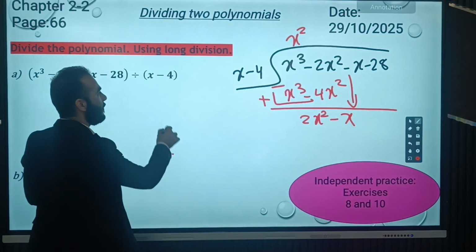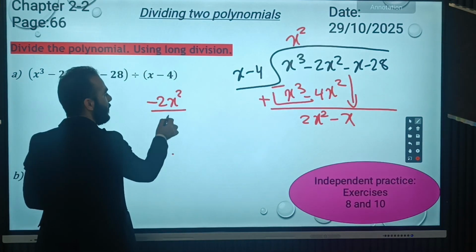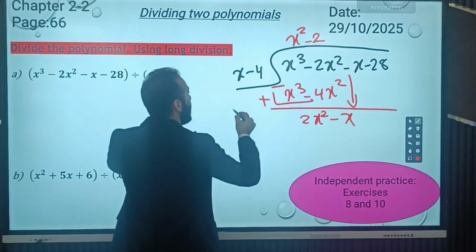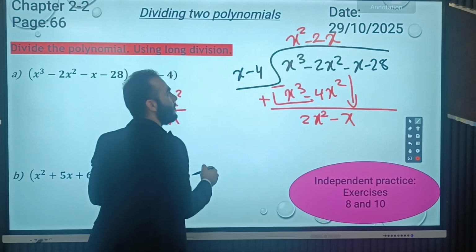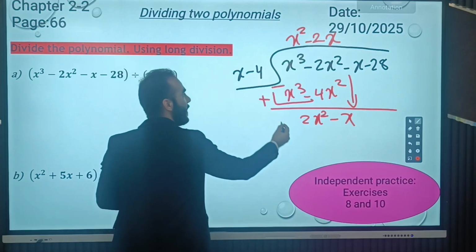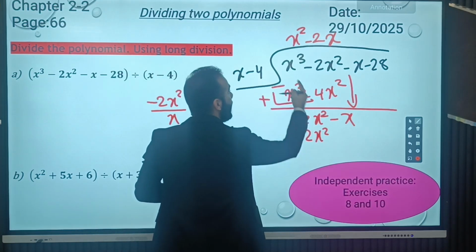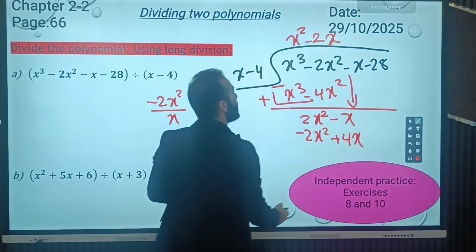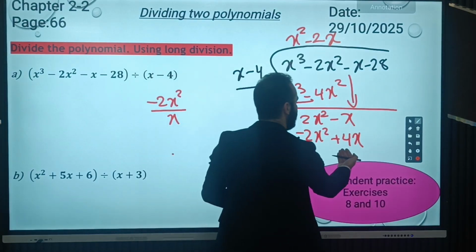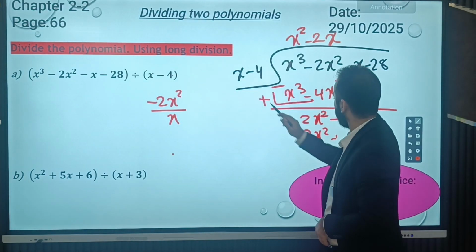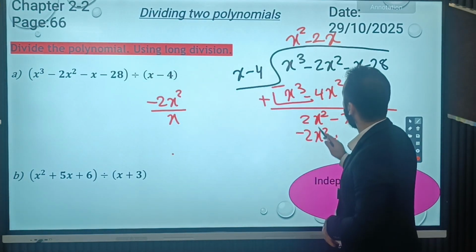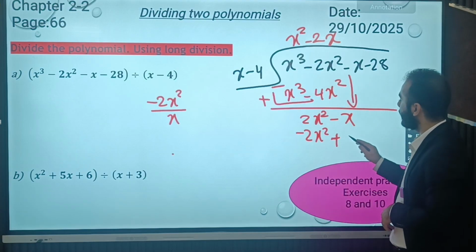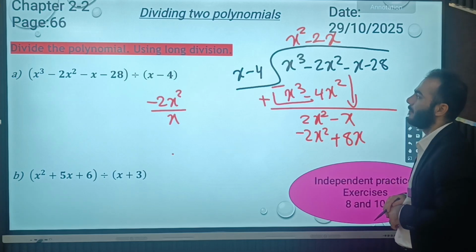So negative 2x² divided by x, negative 2 divided by 1, negative 2. x² divided by x, x. So negative 2x times x, negative 2x². Negative 2x times negative 4, negative times negative is plus, 2 times 4, 8x.